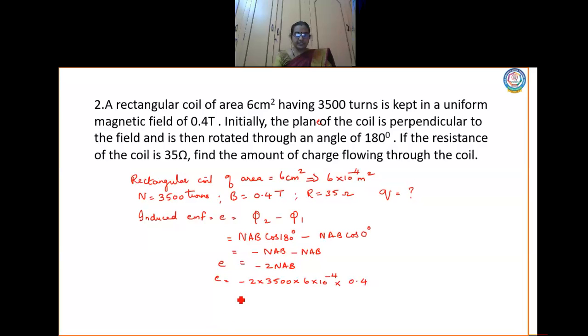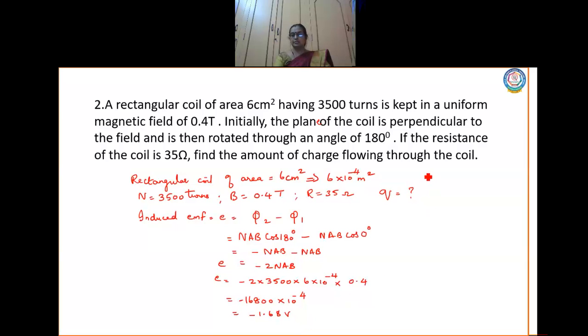When I simplify this, I will have 16800 into 10 power minus 4. Bring this 10 power minus 4 inside, I will have minus 1.68, because I have a negative sign. That will be followed everywhere. So this is the induced EMF, measured in volt.